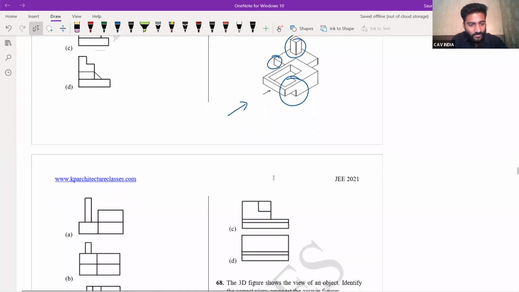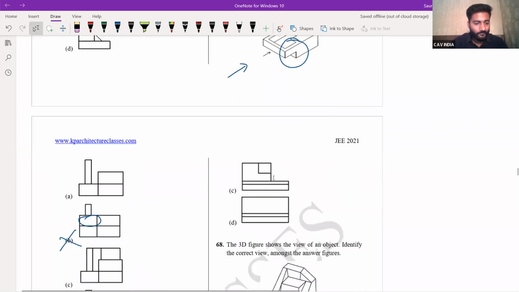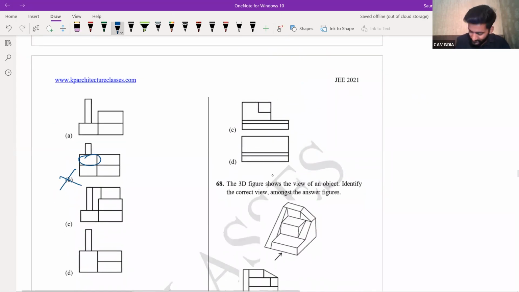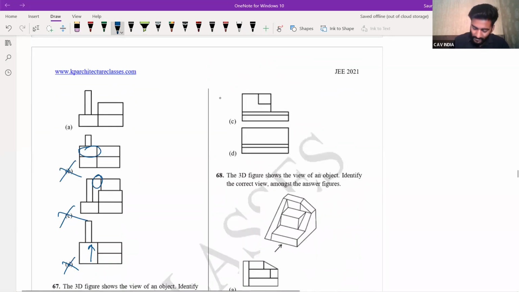With these observations, there are no two double stories, so B got cancelled. Then there is nothing of this connection, so C got cancelled. There was nothing like double height of this part, so D got cancelled. Right? So option A is the right answer.